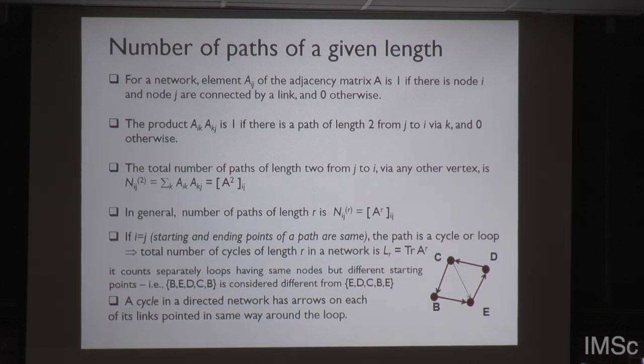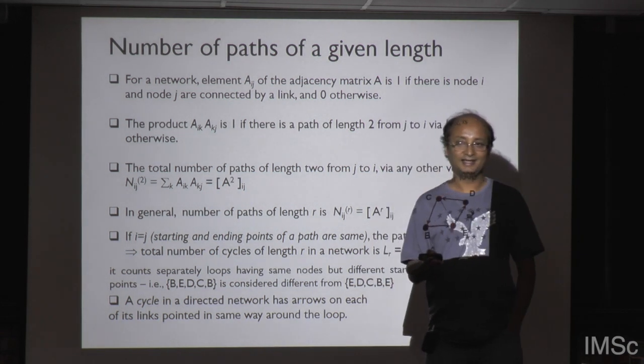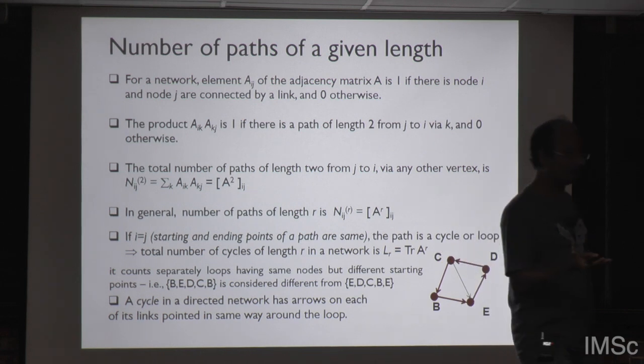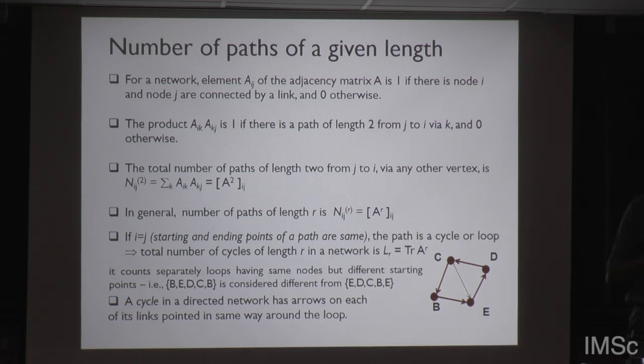Now you'd say that, okay, that's very useful, but suppose a path doesn't exist from i to j. I'd like to know whether a path of a higher length exists from i to j. So Aij equal to 0, but I want to know, is there a path of length 2? So is there an intermediate node, some k, which I can go through and then eventually get to j? So how does the adjacency matrix help me in such a situation?